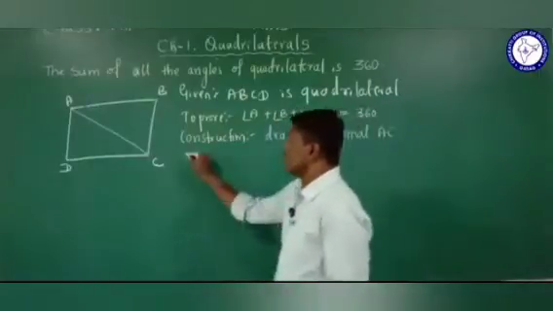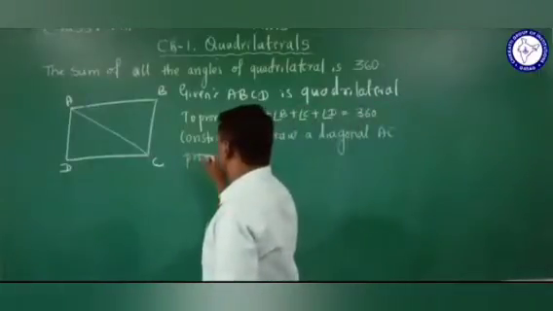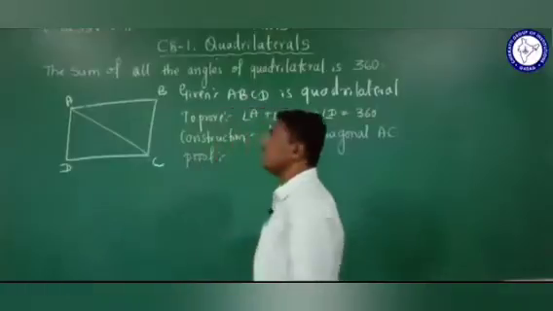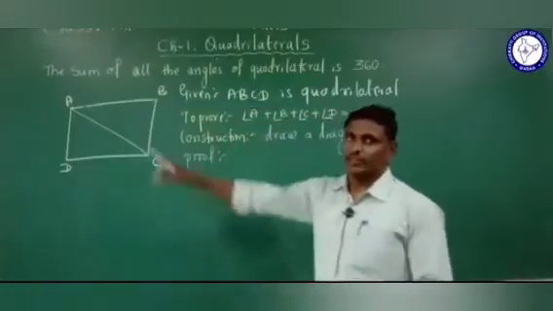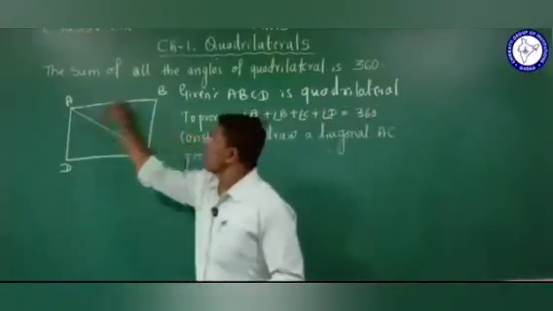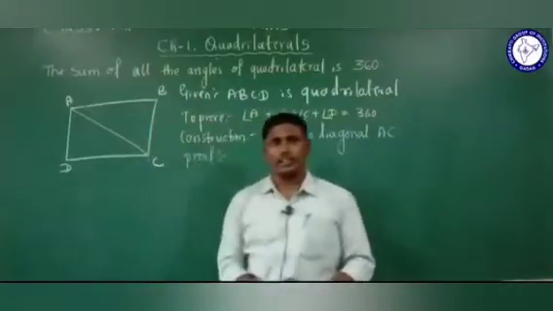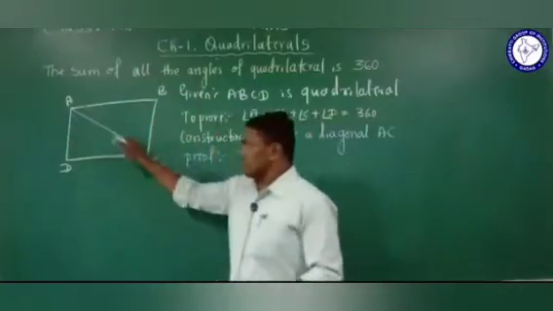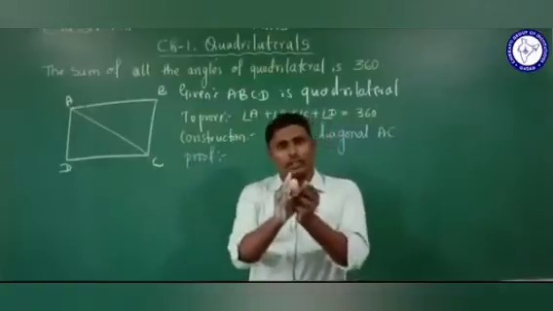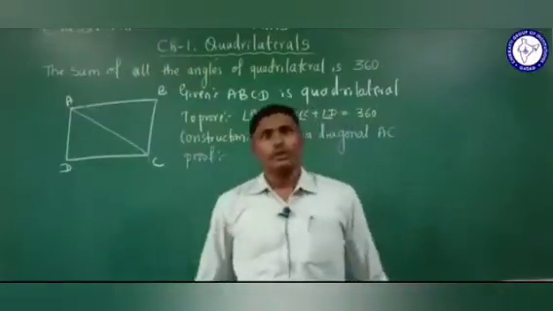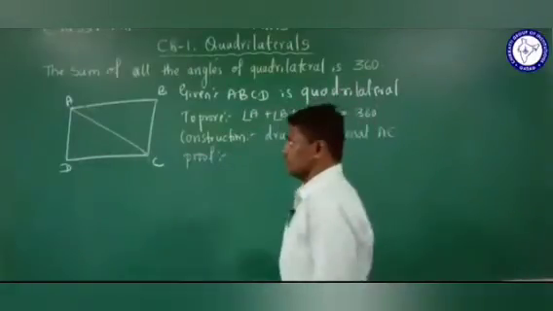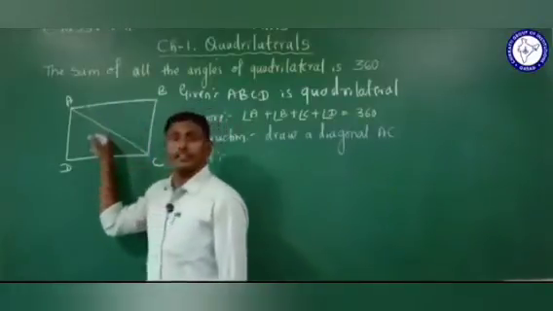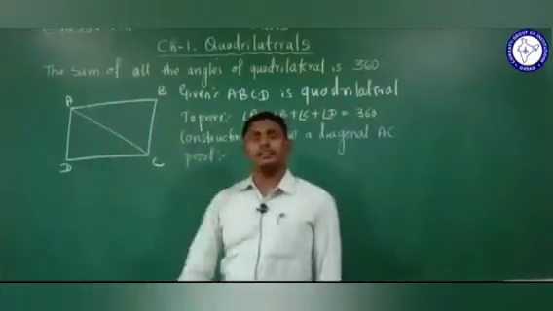So let's come to the proof of the given statement. Observe the diagram. ABCD is a quadrilateral. While you are constructing one diagonal, the quadrilateral is divided into two parts. So what are the two parts there? They are triangles, right?